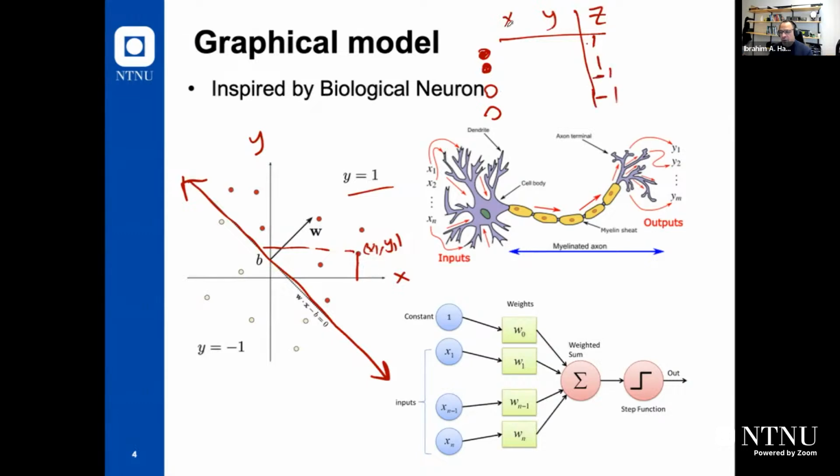And X and Y are coordinates. So we want all data points which are located above the line to be classified into +1, and all data points which are below the line to be classified into -1. How can we do this? Simply, we just need to build a very simple model.